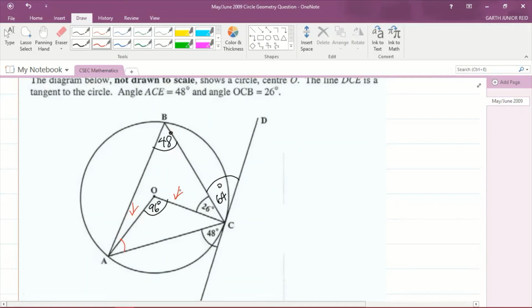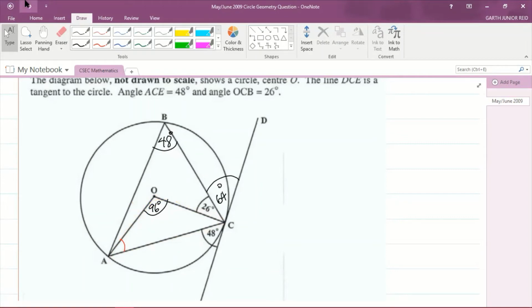So this triangle that we have here is actually an isosceles triangle, and we know that in an isosceles triangle, the base angles are the same.